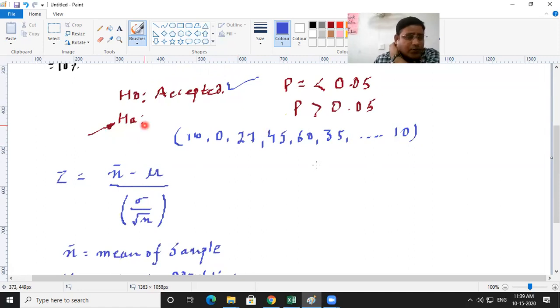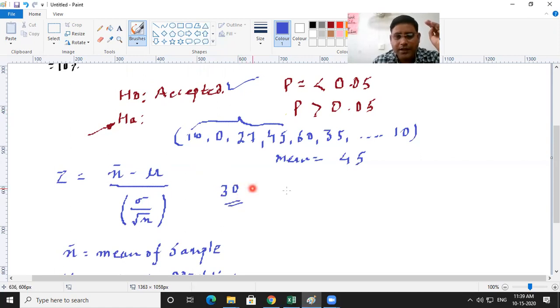Now, this is my population. And for example, I'm just assuming that the mean of my population is 45. Now I took a sample from this population. Let us suppose I took a sample of 30.